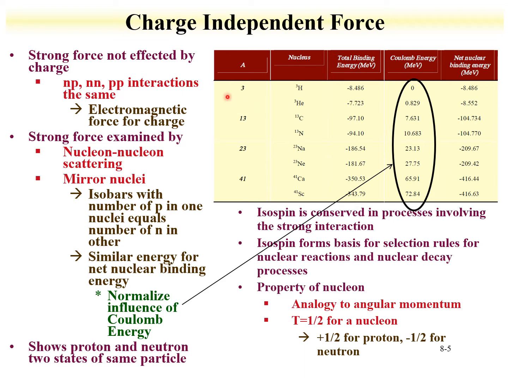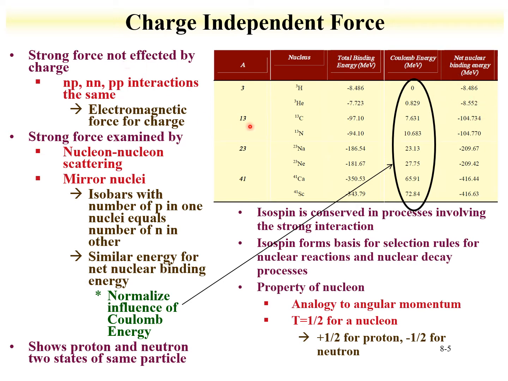And as we can see, for something like tritium, there's only one proton, so the Coulomb energy from that would be 0. So for the other nuclei, we have Coulomb energies that are calculated based upon the number of protons in the nuclei. And what this shows, if we take the total binding energy and compare it with the Coulomb energy, we see that the net nuclear binding energy is very similar based upon the total number of nucleons in a given nucleus.